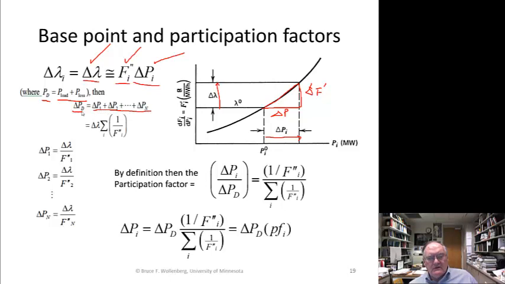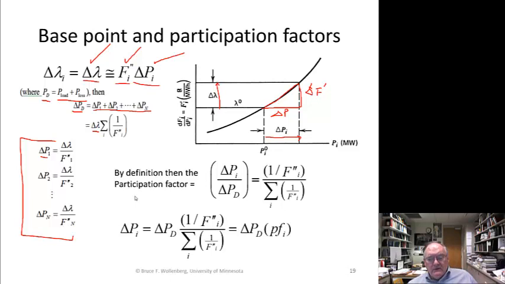Each generator is going to add a little bit, and that equals the change in demand. Well, if I do that, then each of these is equal to delta lambda times 1 over f double prime. You can see this down here. I solve each delta P as delta lambda over f double prime, the second derivative. So here's the sum, 1 over f double prime times delta lambda.